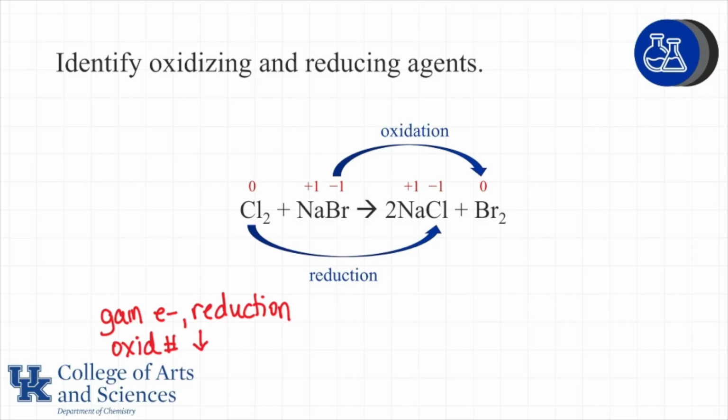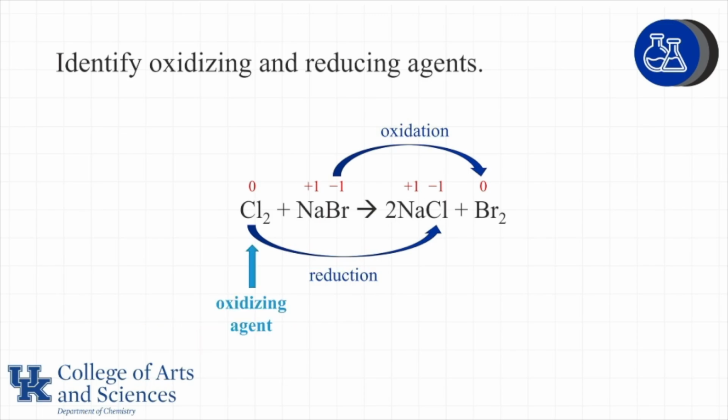Now that we've identified what species is being oxidized and what's being reduced, we can identify the oxidizing and reducing agents. Chlorine is undergoing reduction, therefore it is the oxidizing agent. It is causing another species to be oxidized by itself being reduced.